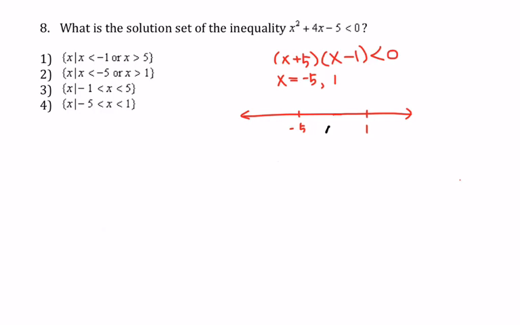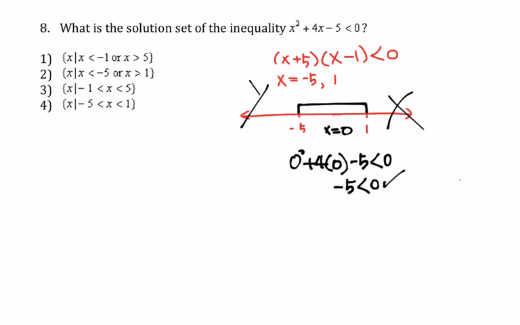The value we want to check is x equal to 0 because that's easiest. Then we get 0 squared minus 4 times 0 minus 5 is less than 0. Of course negative 5 is less than 0, so it works out. Since the middle worked, the two outer intervals will not work for this question. So therefore choice 4 becomes our answer.